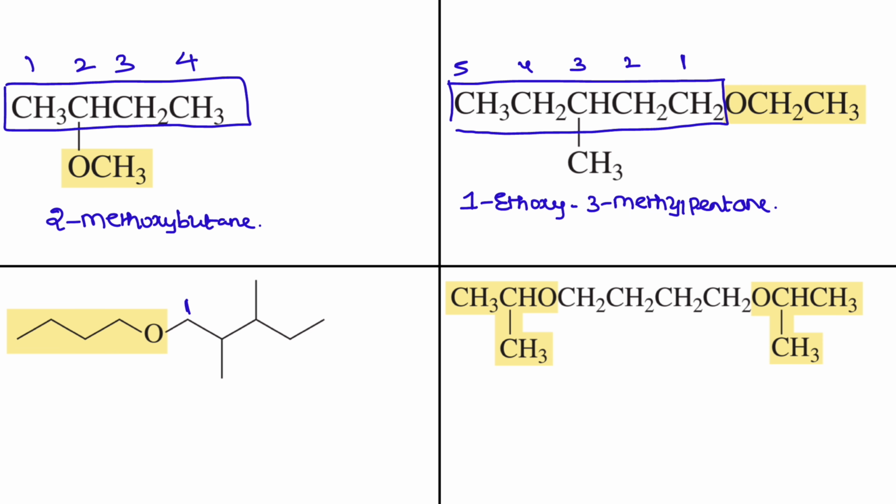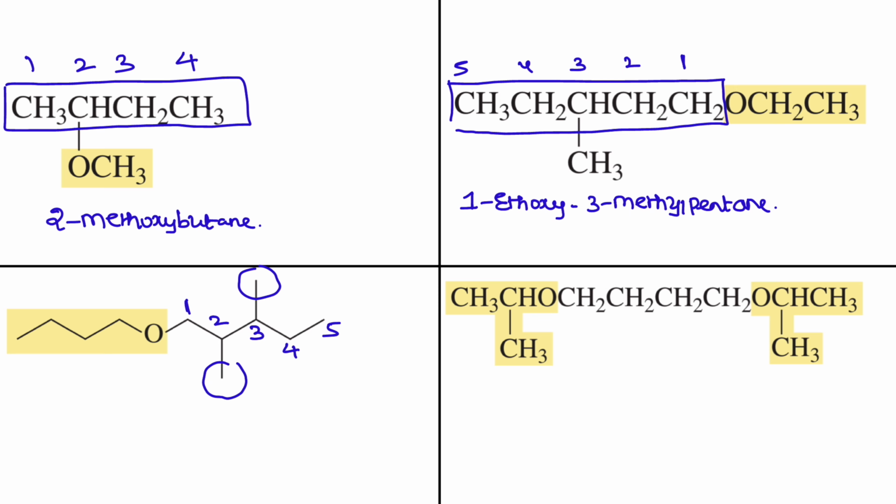Longest chain, this is the first carbon, this is second carbon, this is third carbon, this is fourth, and this is fifth. And if you carefully observe, this is 1, 2, 3, 4 carbons, 1, 2, 3, 4, 5 carbons. Therefore, this is named as alkoxy. And here, this is one branch methyl. This is also branch methyl.